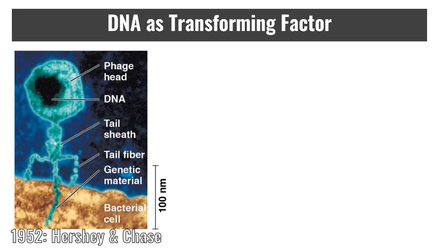Now, remember at this point, DNA is the transforming factor. So in 1952, Hershey and Chase wanted to take this a little bit further. They used the T2 bacteriophage, and they labeled the bacteriophage with radioisotopes. Phosphorus 32 for DNA because phosphorus is in the phosphate group, and sulfur 35 for the proteins because of the cysteine and methionine sulfurs.